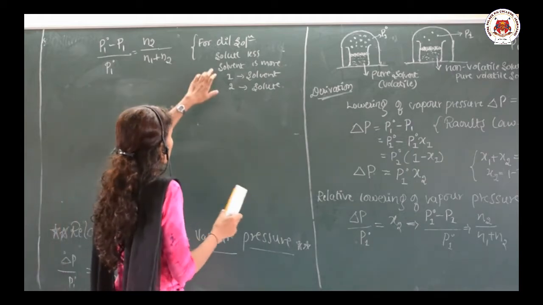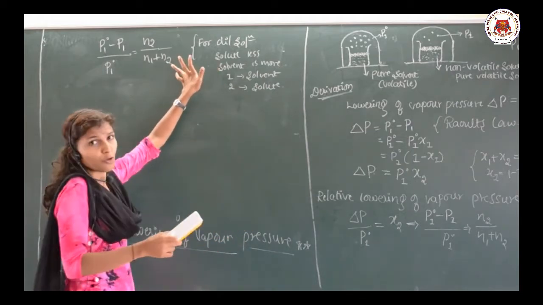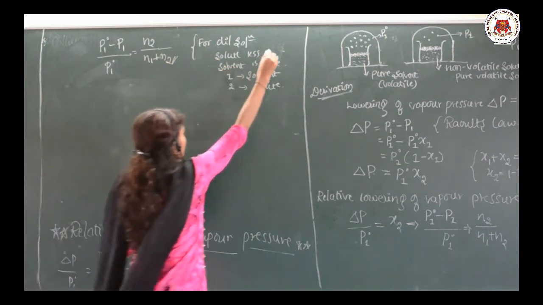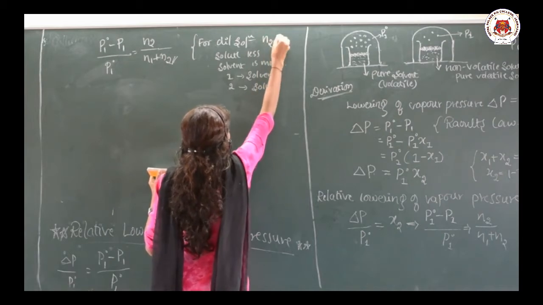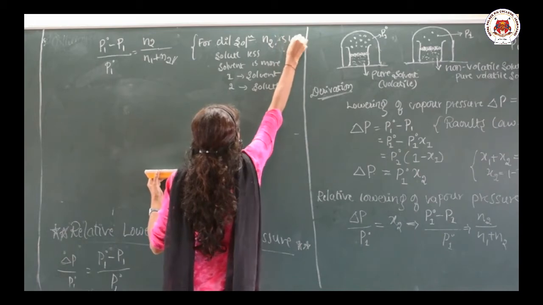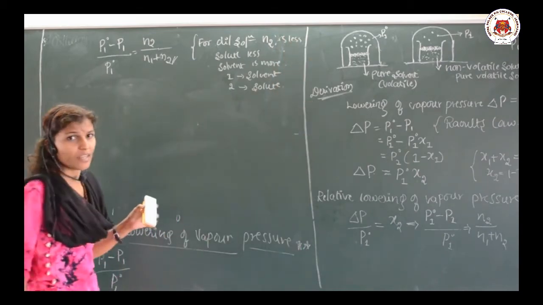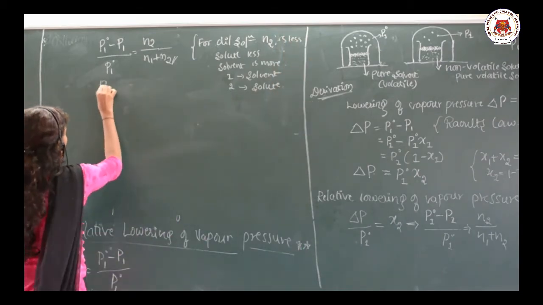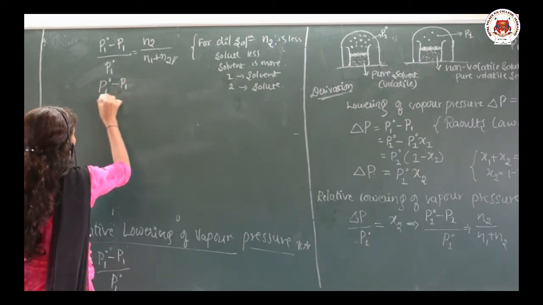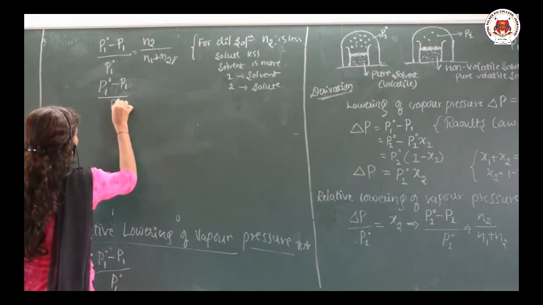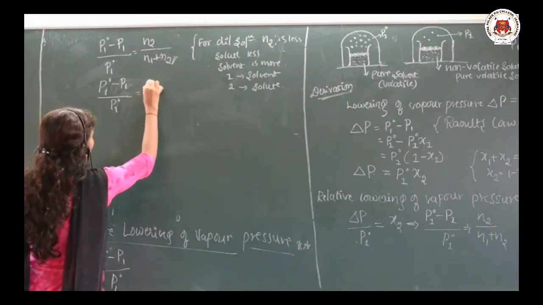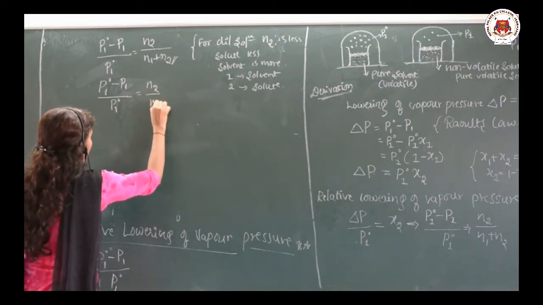As we are saying here, the solute is very little. In the denominator you have to skip this term, that is, for a dilute solution n2 is small. So what happens? P1 naught minus P1 divided by P1 naught is equal to n2 divided by n1.